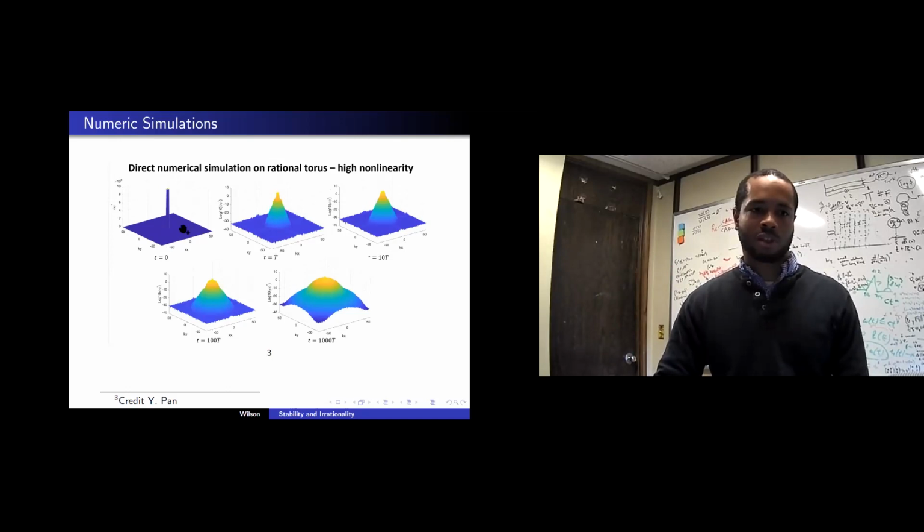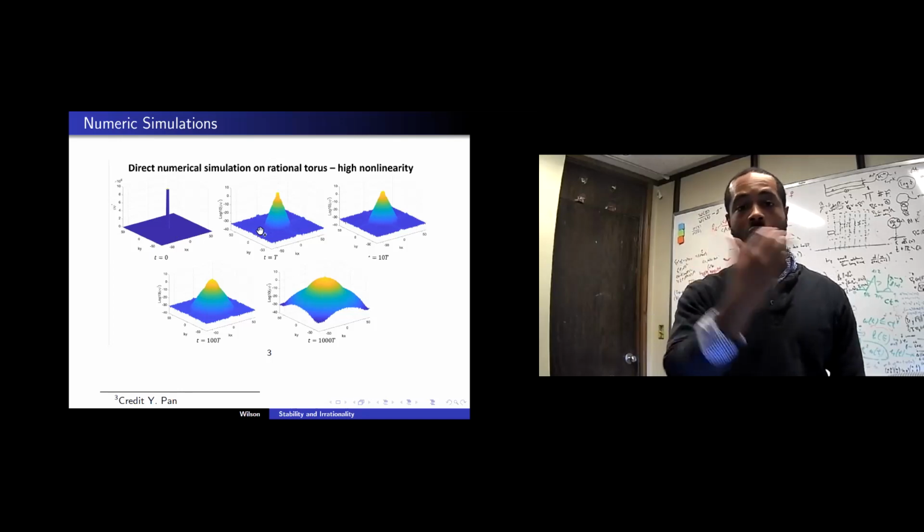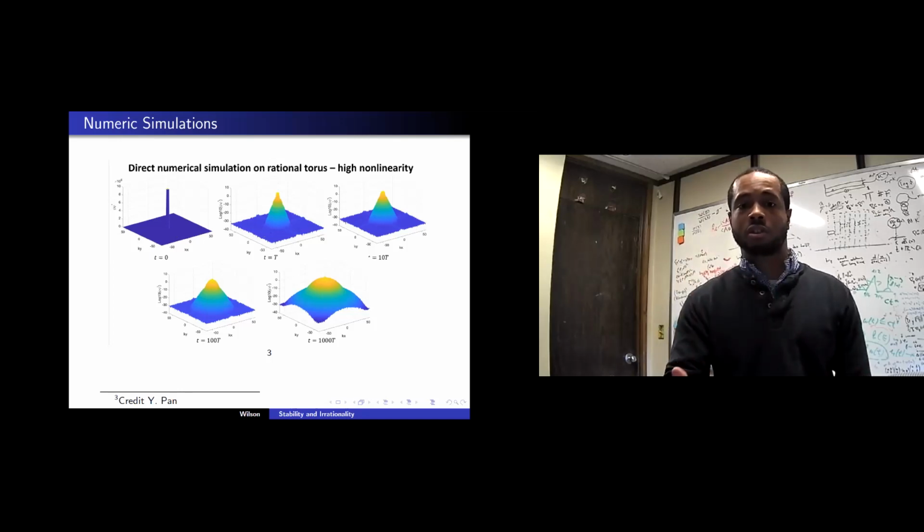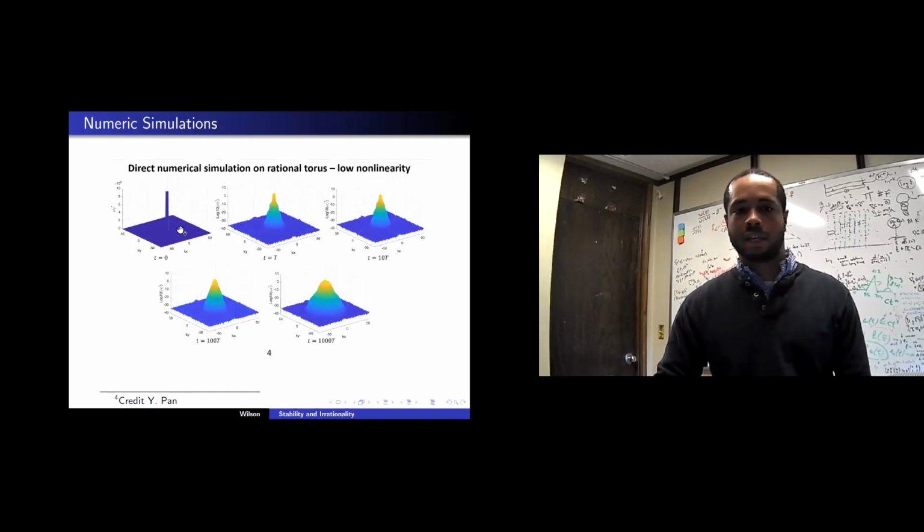You start off with a localized solution, and this is what Carl and Faou show, this is what Guardia and Kaloshin show, this is what Staffilani had also, that you start off localized in Fourier space. You can transition to higher modes, and the distribution gets wider and wider. And again, it kind of tracks with how large your HS norm is.